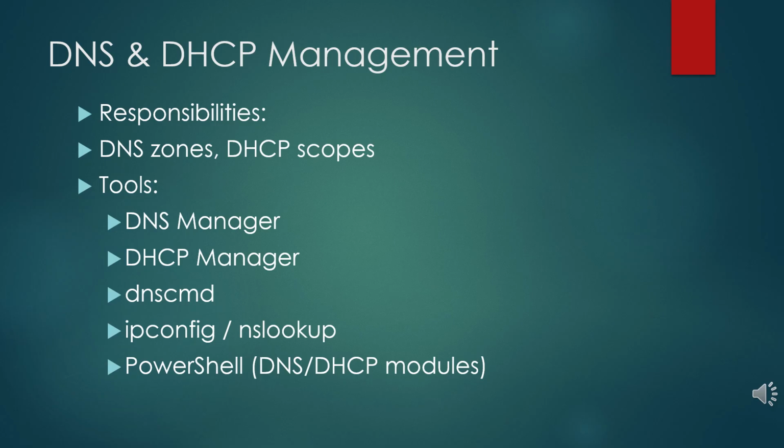Now let's move to DHCP. DHCP, or Dynamic Host Configuration Protocol, automatically assigns IP addresses to devices in the network. This eliminates the need for manual IP configuration and reduces errors. As administrators, we manage DHCP scopes, which define the range of IP addresses available for assignment.